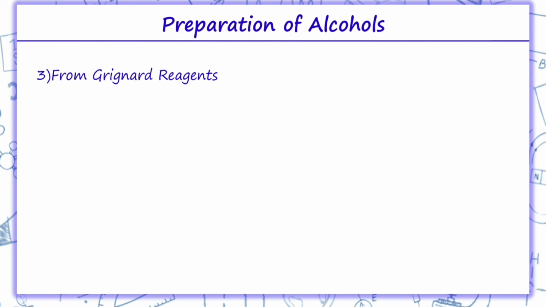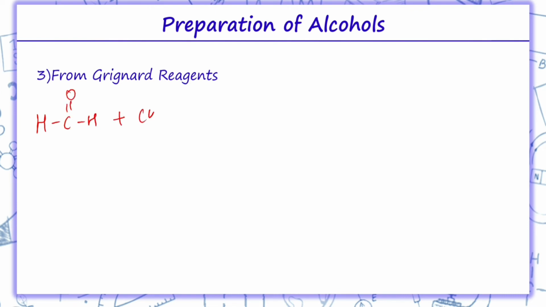Now, moving on to the preparation of alcohols from Grignard reagents. What happens when carbonyl compounds react with Grignard reagent, they form alcohol. Like we are taking carbonyl compound, that is HCHO.